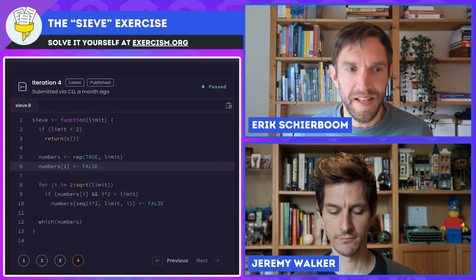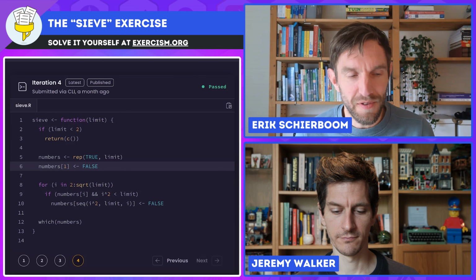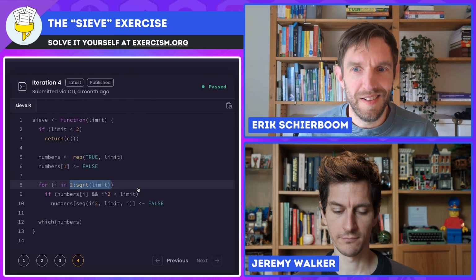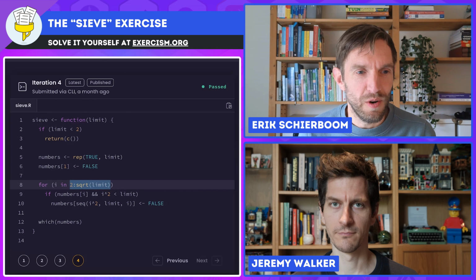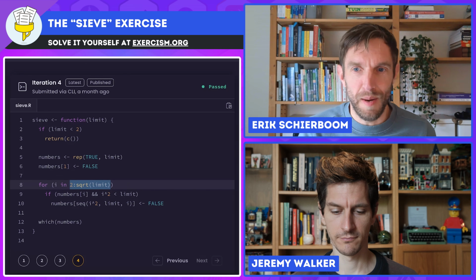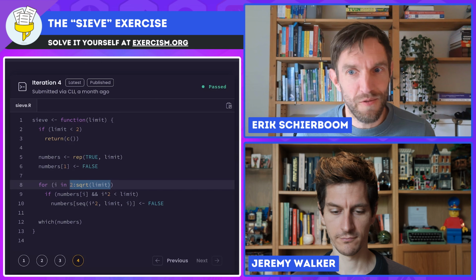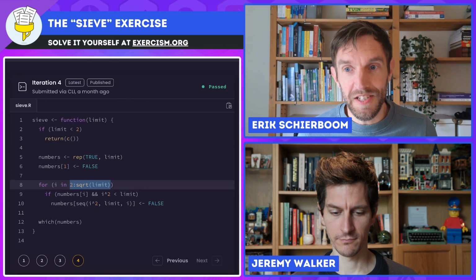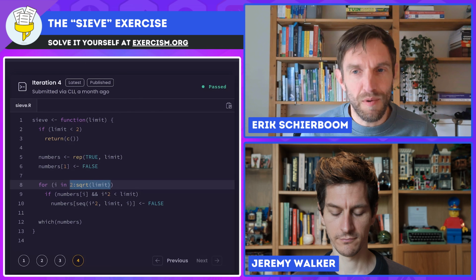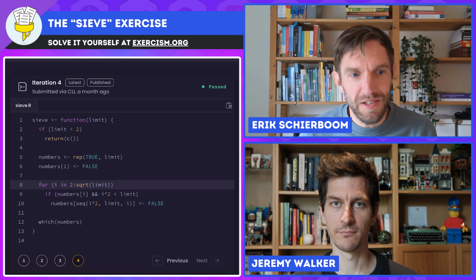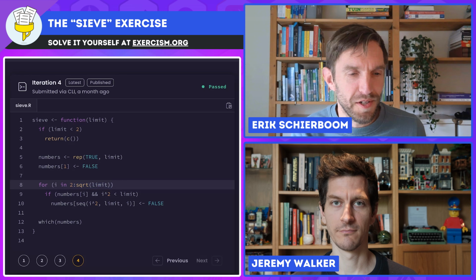But the thing that this implementation does differently is that it optimizes for runtime performance. Instead of going from 2 up until the limit, we can actually stop when we're at the square root of the limit. It is guaranteed that any number above the square root of the limit will have been crossed off anyway by one of the previous numbers.